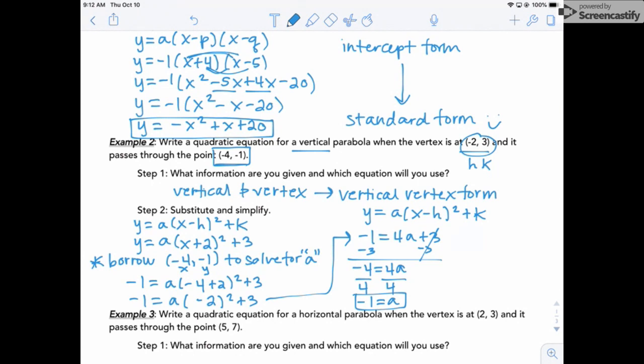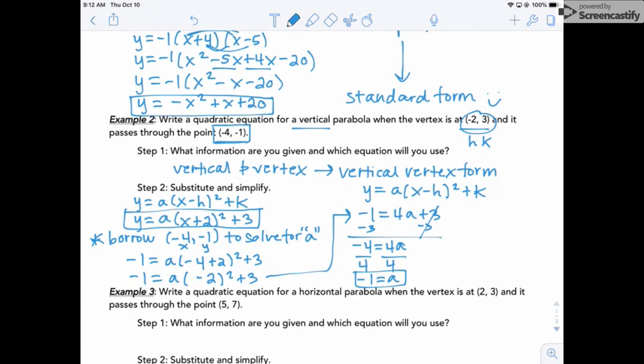Last but not least, I can now plug this a value back in to my original equation right here, and then convert to standard form. So what I'm going to have to do is erase because I've run out of room. So if you need to pause the video and make sure you have all this down, I'm going to erase it all.